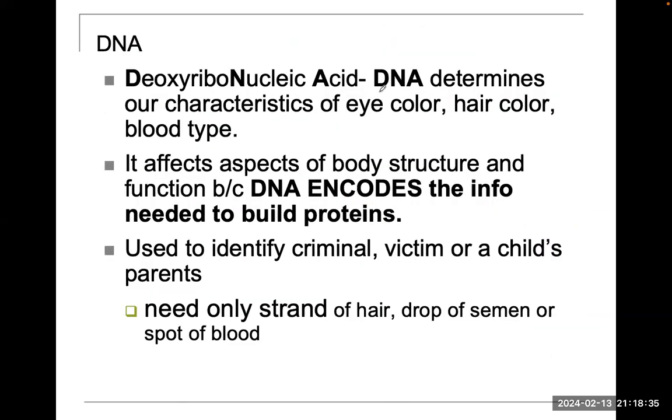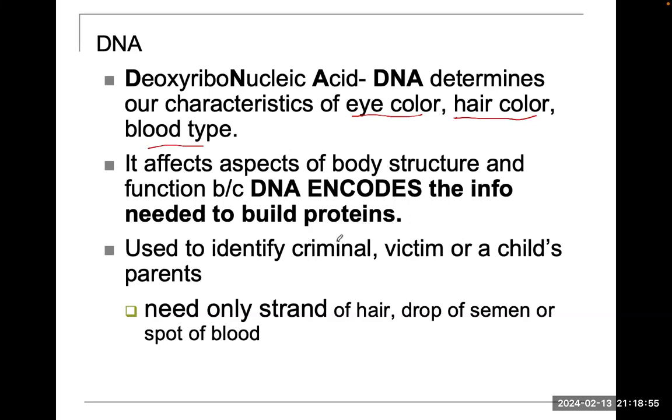So the deoxyribonucleic acid is going to determine our characteristics, the color of our eyes, the color of our hair, what blood type we are going to be. It affects aspects of body structure and function because the DNA encodes the information needed to build the proteins.